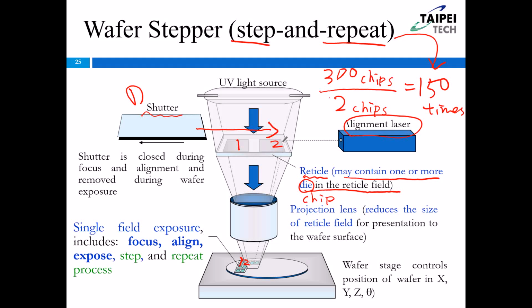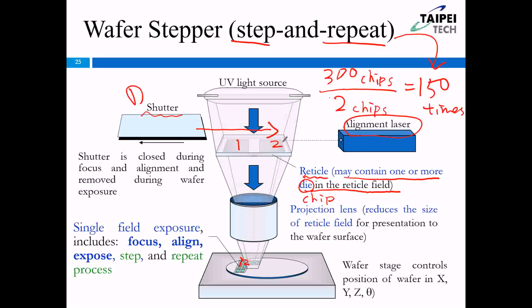So for the next one, I need to move the wafer stage a little bit to the next region, and then we do the focus, alignment and exposure again. We step to another region and repeat the process. We close the shutter, we do the alignment, and then we take out the shutter and do the exposure, okay? After we repeat all of this process, the second field is also exposed.